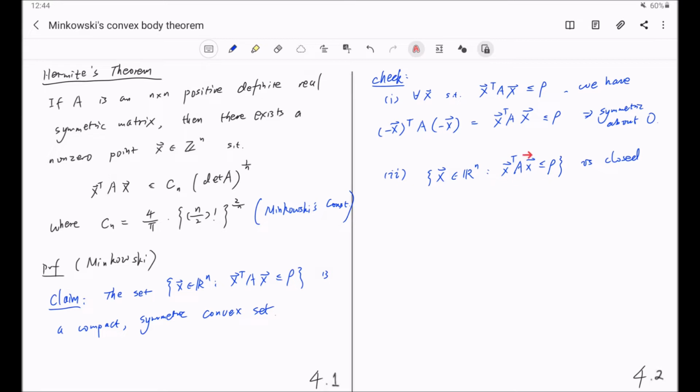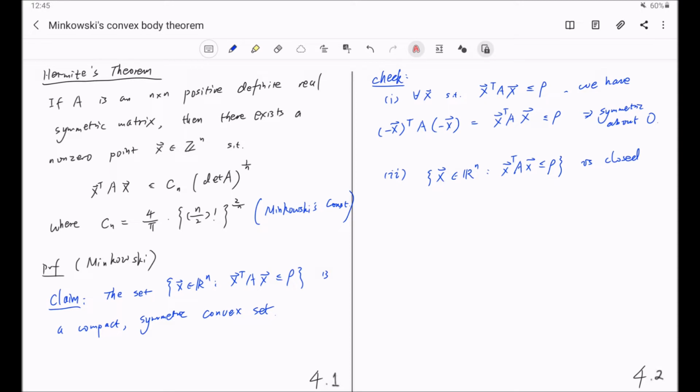So if you consider this as a real number, this real number being less than or equal to rho is a closed subset of R, and has a pre-image in R^n that is a closed subset by the continuity of the quadratic form. So this set is closed.